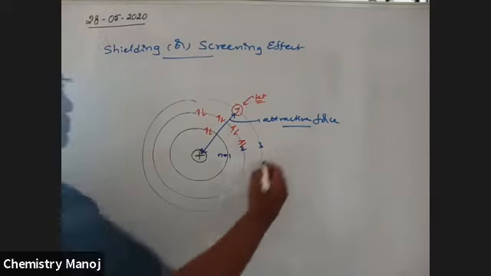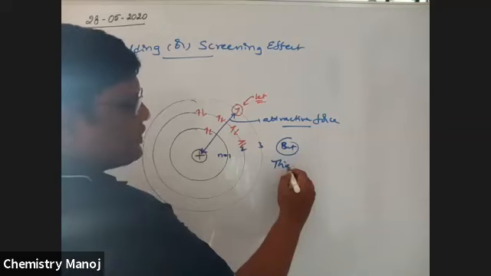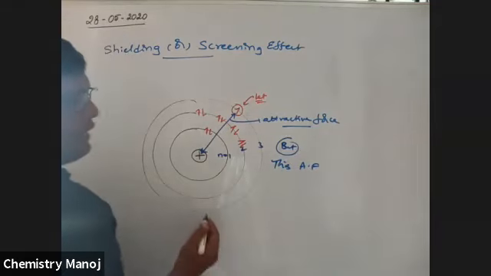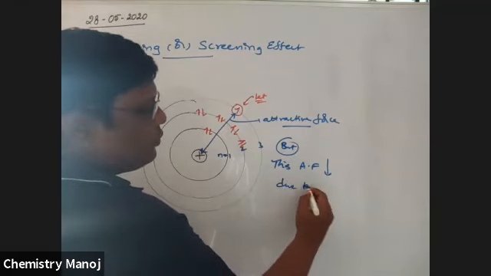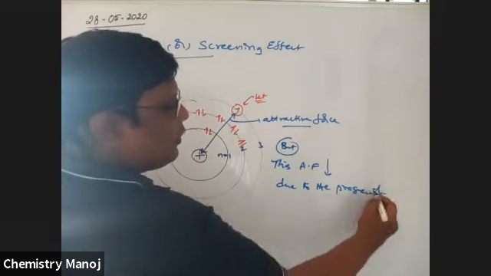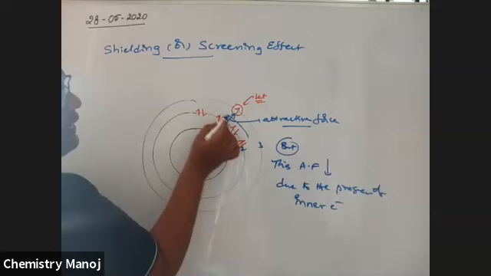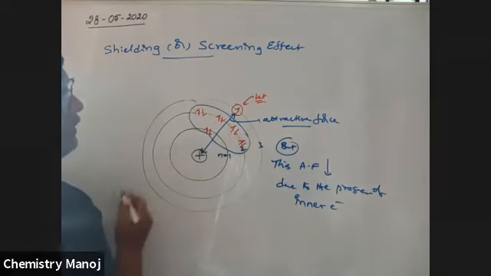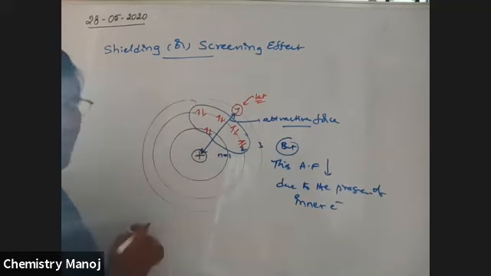But this attractive force is decreased due to the presence of inner electrons. That is, these 8 or 10 electrons decrease the nuclear attraction over that outermost electron.